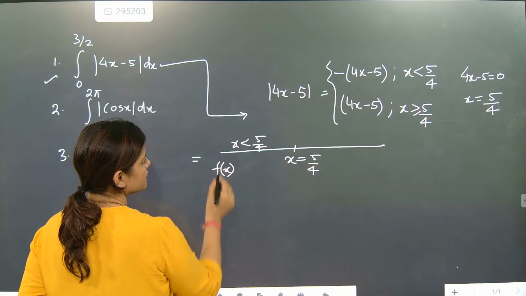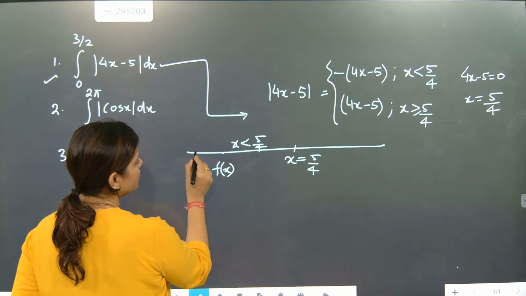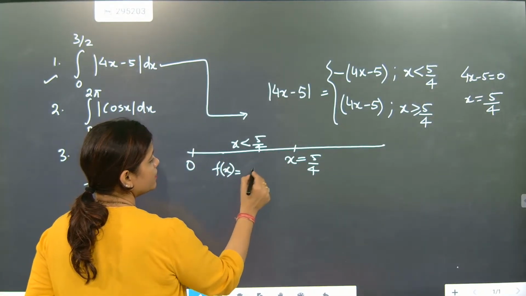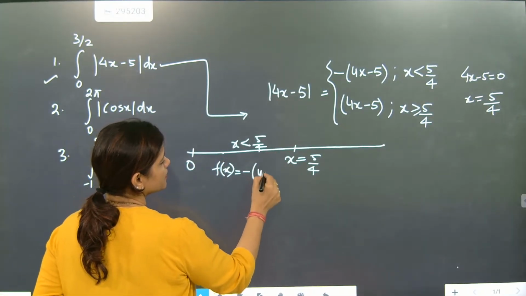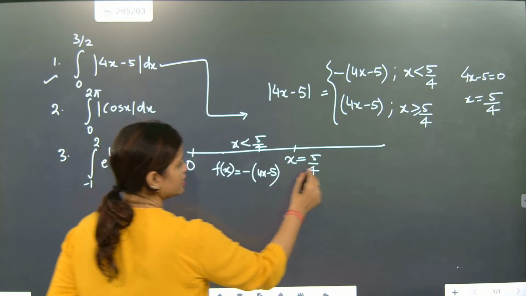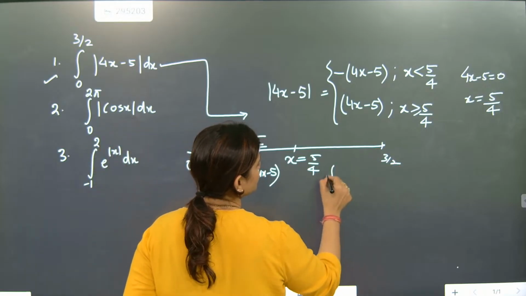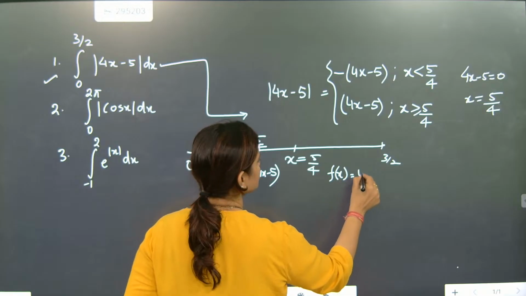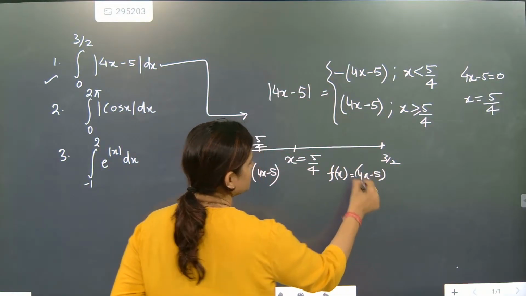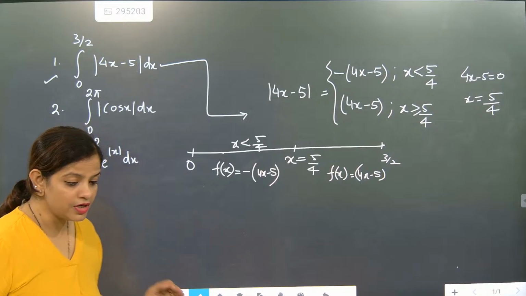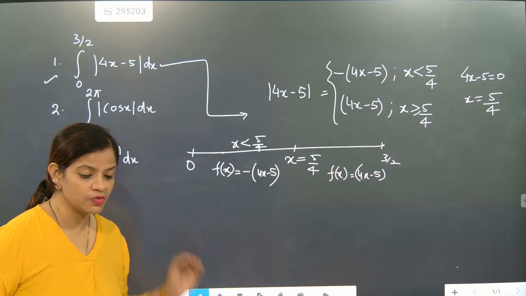What is the lower limit? 0 to 5 by 4, it will become minus of 4x minus 5. And then 5 by 4 to the upper limit 3 by 2, f of x is 4x minus 5. Whenever we get this type of question, we present it this way.